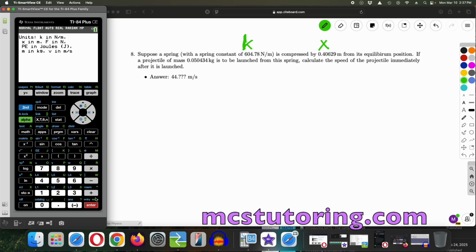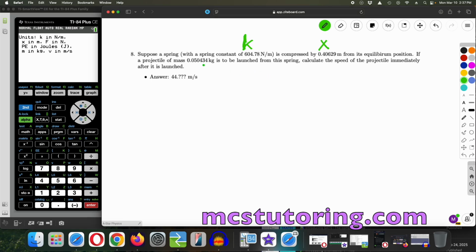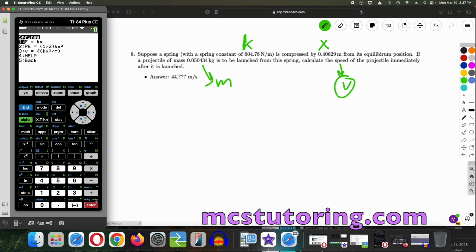So what we're going to do is projectile, and this is an M. So we want the speed, the V is the unknown. So we need to figure out which equation we're going to use. Which equation has most of these things in it? Looks like the only thing with a V in it is option 3. So we're going to solve for V here. And the K, the spring constant, is 604.78.